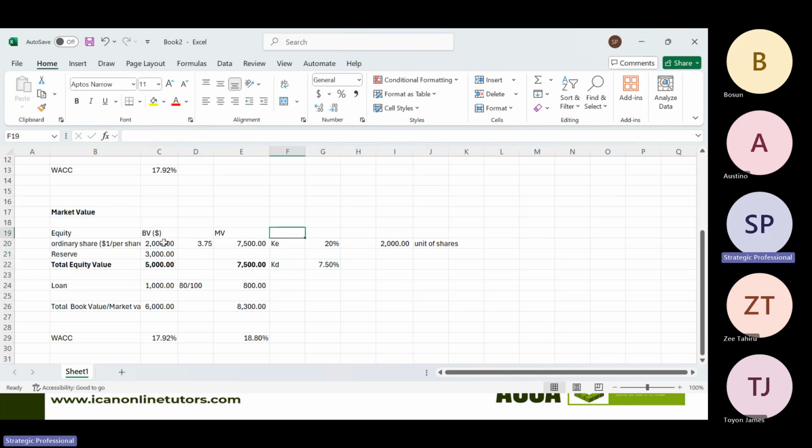And I said sometimes, okay, let's do a twist now. If you notice, the reason why you're having 2,000 units of shares is because your ordinary share nominal price is $1. There are some questions where you will have 0.5, which is 50 cents.